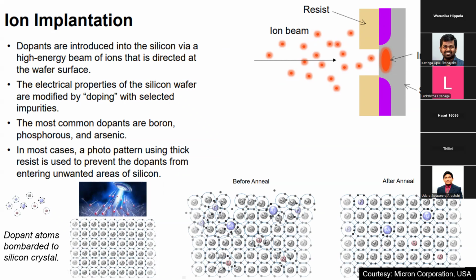So what we actually do is we anneal the crystal, and then during annealing, the crystal recreates itself and forms the silicon crystal, and then this arsenic, boron, and certain phosphorus atoms also rearrange according to the silicon crystal, and they are nicely placed within the crystal. So by doing so, we can dope and introduce particular impurities into the silicon wafer.